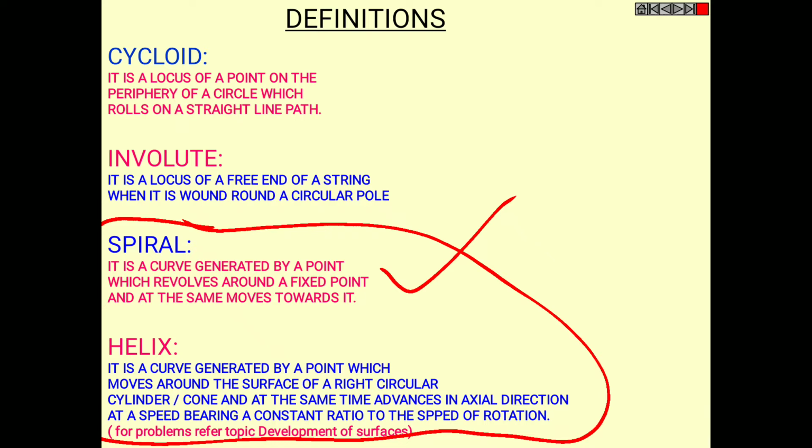For problems, refer to the topics of development of surfaces. So helix is a curve generated by a point which moves around the surface of a right circular cylinder or cone and at the same time advances in axial direction at a speed bearing a constant ratio to the speed of rotation.